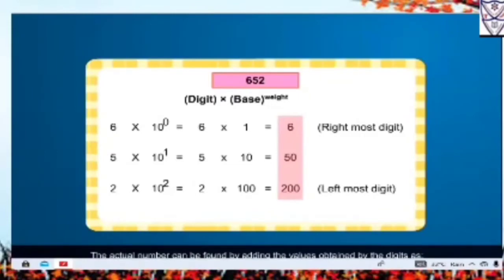The actual number can be found by adding the values obtained by the digits as 200 plus 50 plus 6 is equal to 256.